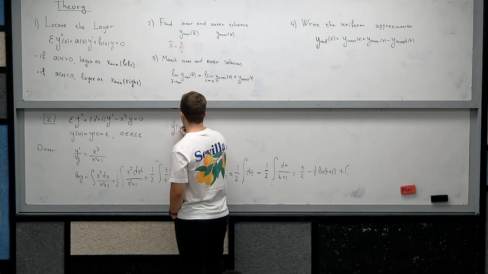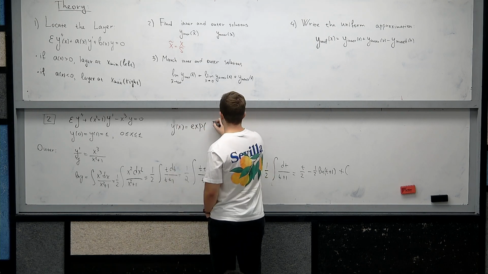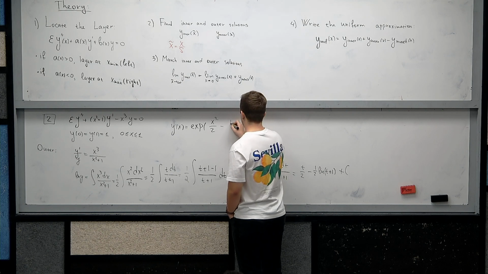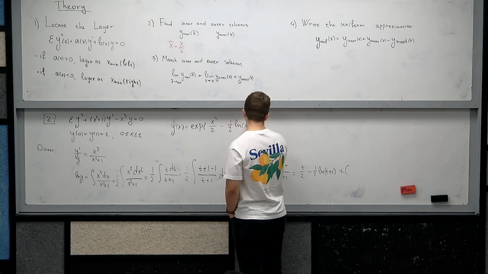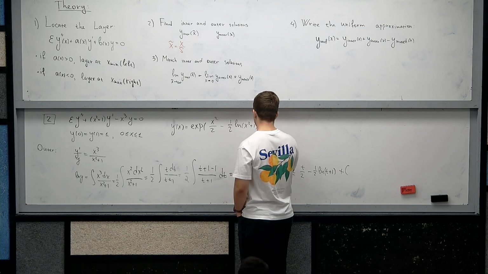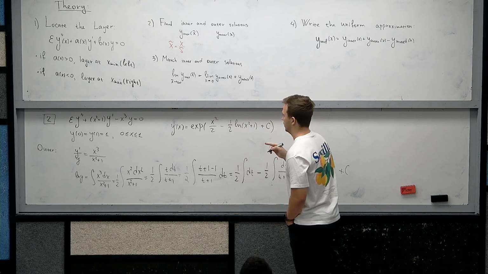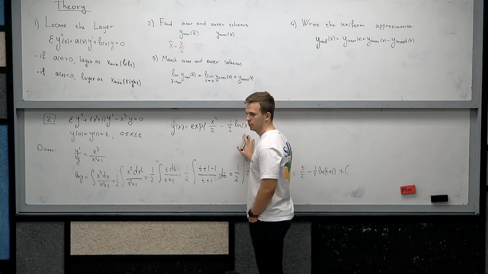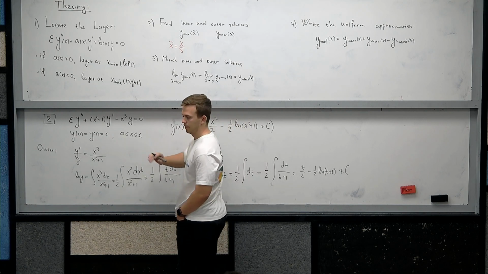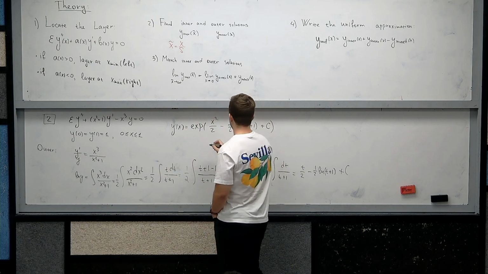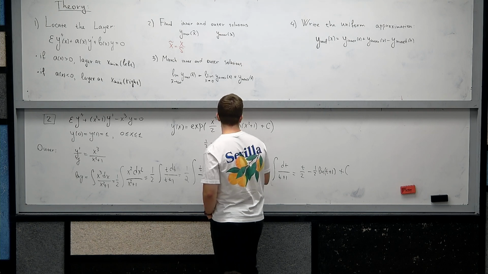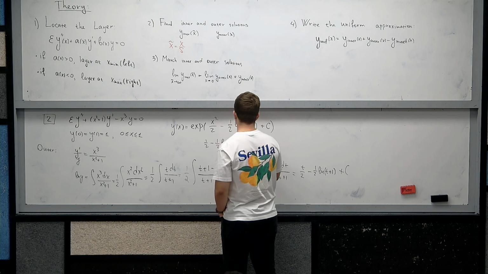So y of x is exponent of x squared over 2 minus 1/2 ln of x squared plus 1 plus c. And at x equals 1, all of this should be 0 so that y equals 1. So 1/2 minus 1/2 ln of 2 plus c should be 0.